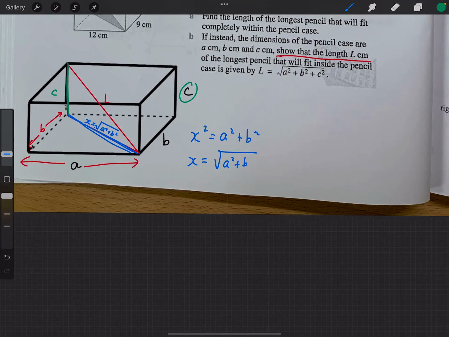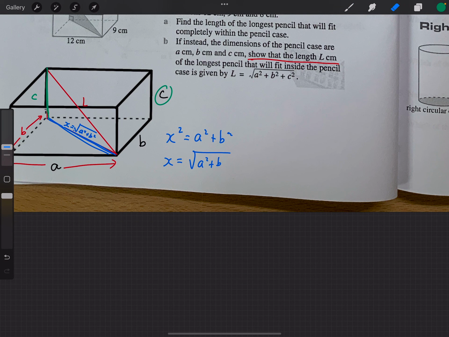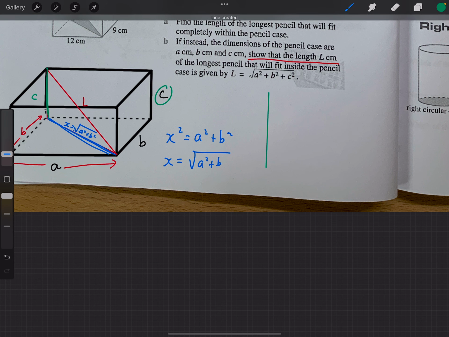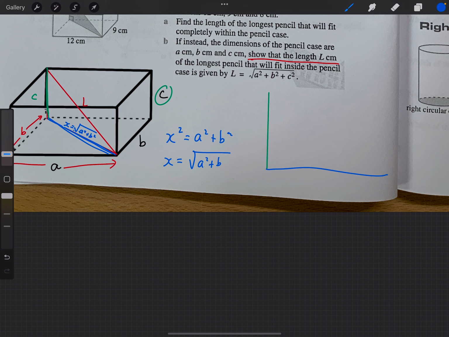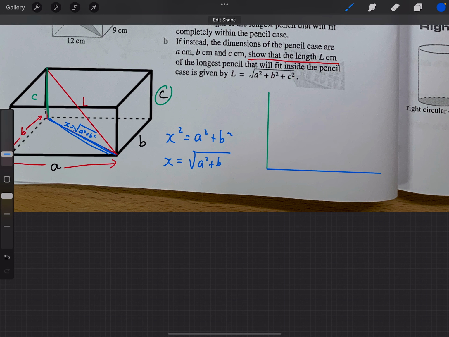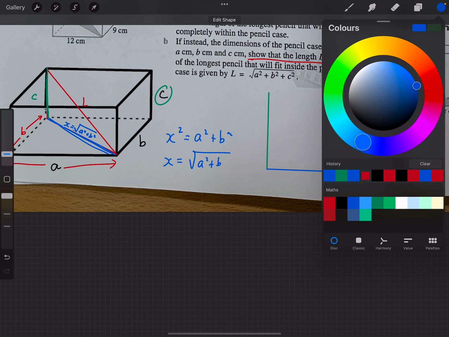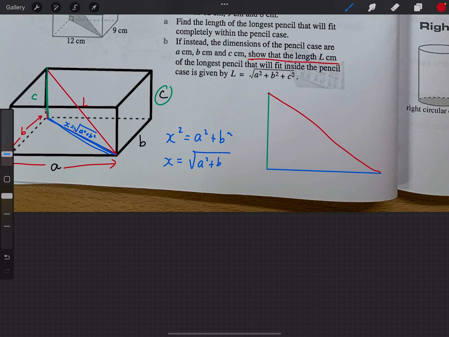Now using Pythagoras, I'm going to redraw this triangle. So watch this, we'll redraw that triangle there. All I did was redraw this triangle into here.